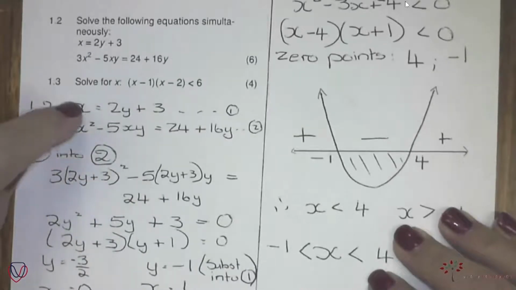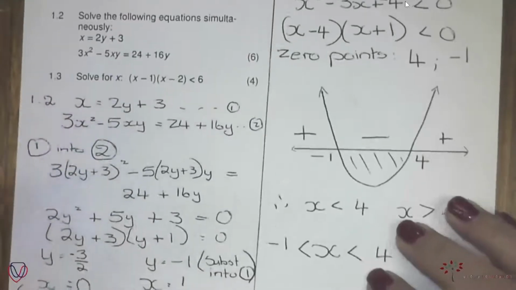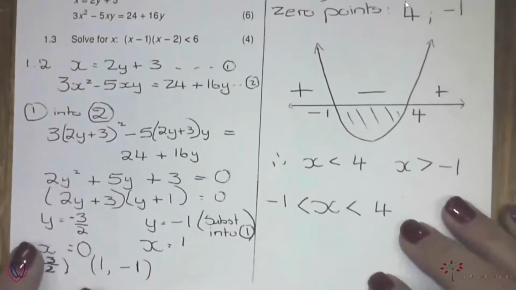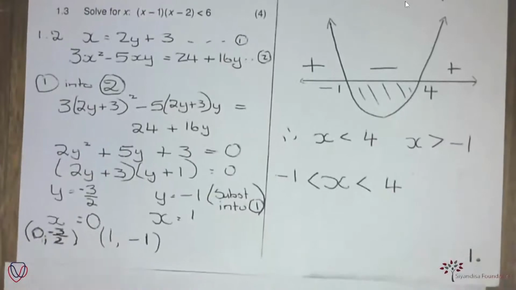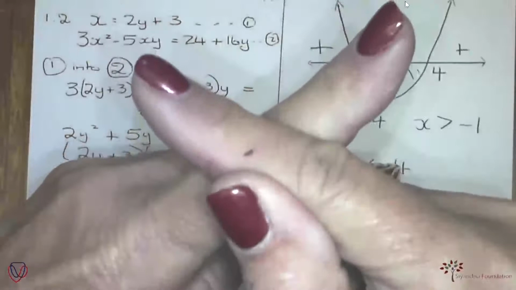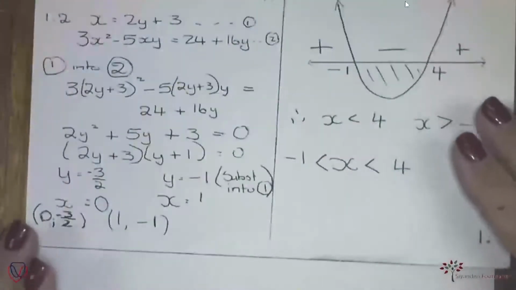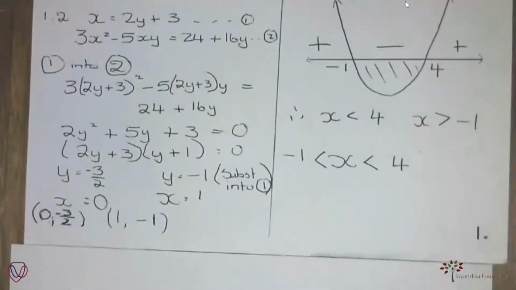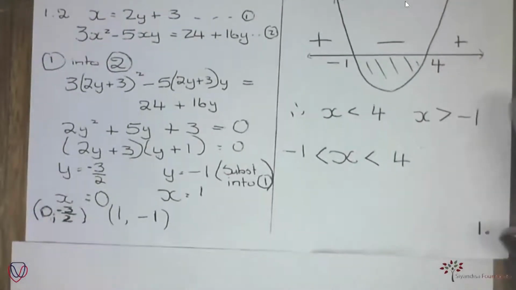And then you must find the point where these 2 graphs intersect one another. In other words, where they cut one another, like this. That point there, you put the equations equal to one another, if they are both in standard form. Otherwise, you do a simultaneous equation.